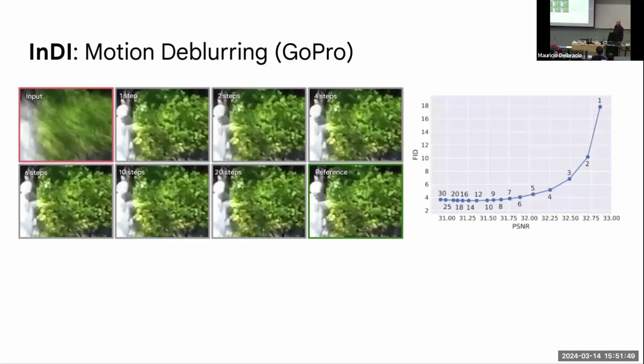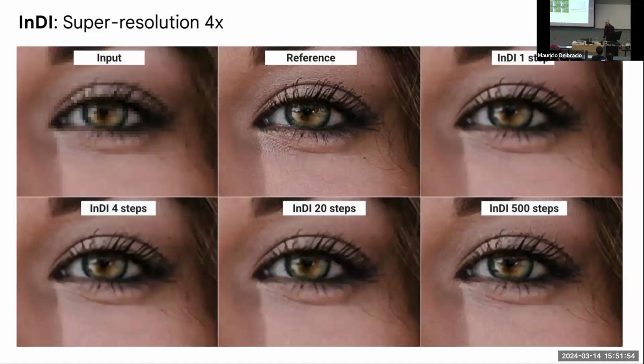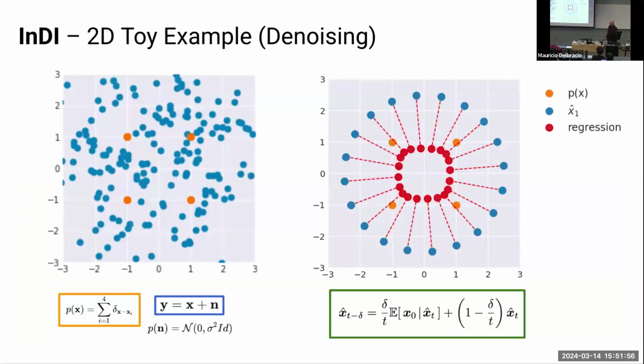What's the statistical property for the toy example? Can you switch to the previous slide? What's the statistical property of those four orange dots? Are they like the posterior mode or something? This is the prior. It's exactly this.